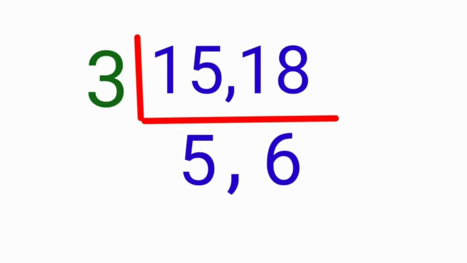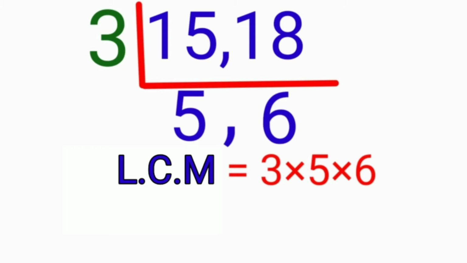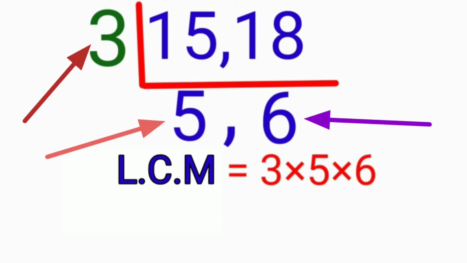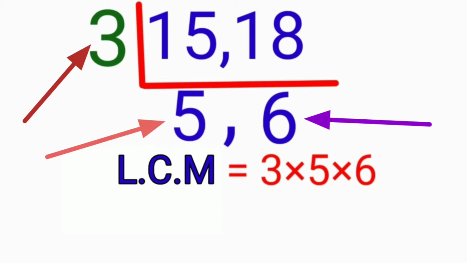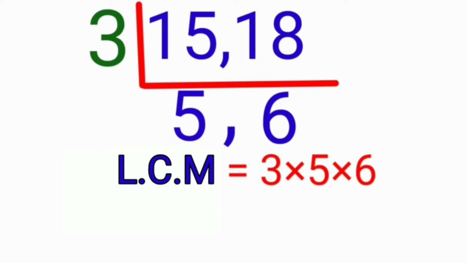Which number divides both 5 and 6? No number divides. So we can stop with this. If both the numbers are divisible by any number, then we continue to divide. Otherwise, we can stop. Now the LCM is 3 into 5 into 6. Multiply all these numbers and we get the LCM.